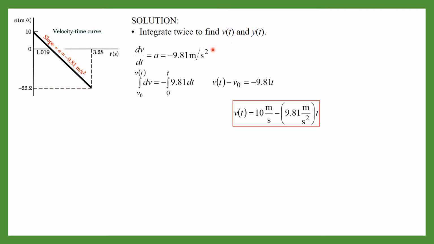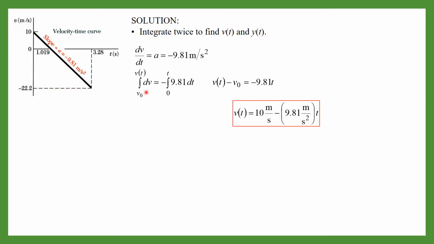Since we are assuming acceleration as a function of time, this will be our equation. Acceleration is dv by dt, and we know that the acceleration due to gravity is 9.81 meter per second square. Since the ball is tossed upward and acceleration acts downward, that is why there is a negative sign.